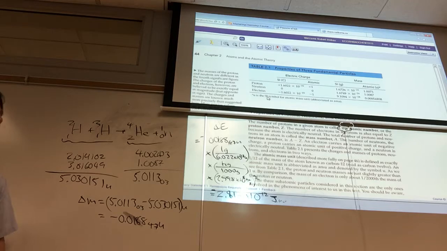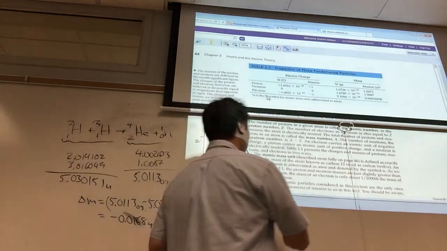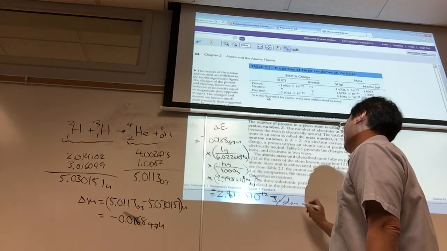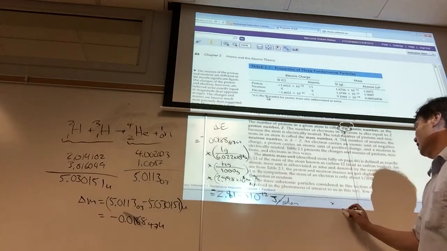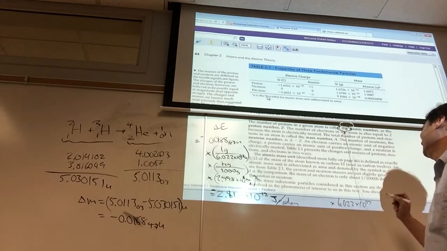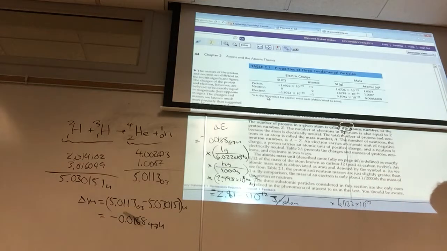And so if we do this per mole, we'd have to multiply this by Avogadro's number. So let's multiply this by Avogadro's number and then figure that out. So I'm going to times 6.022 times 10 to the 23rd, and I get this.